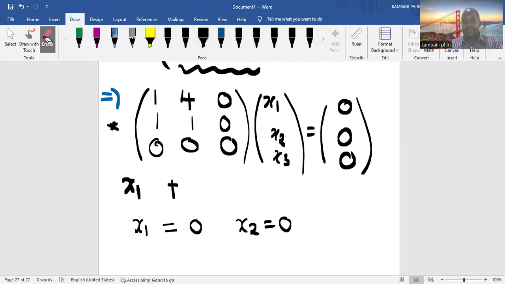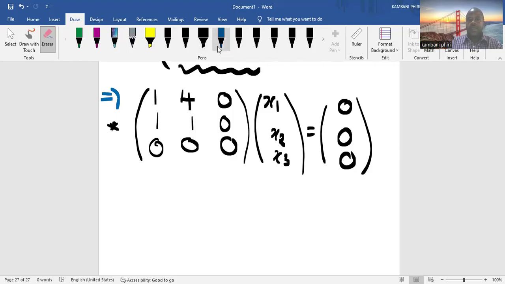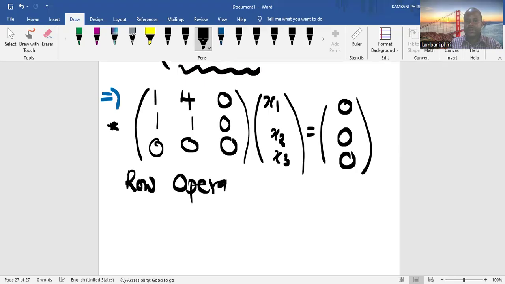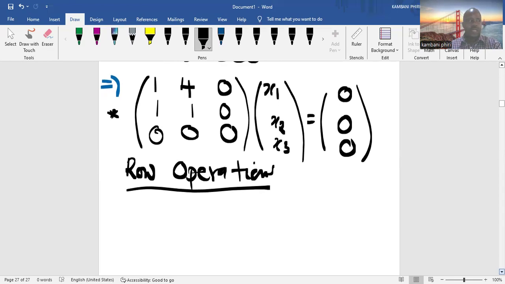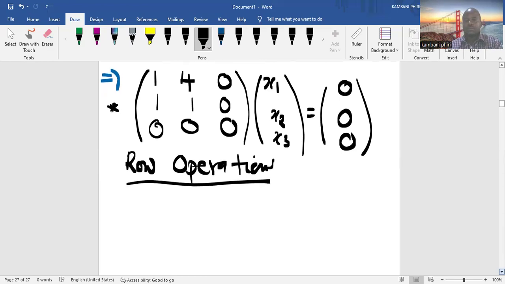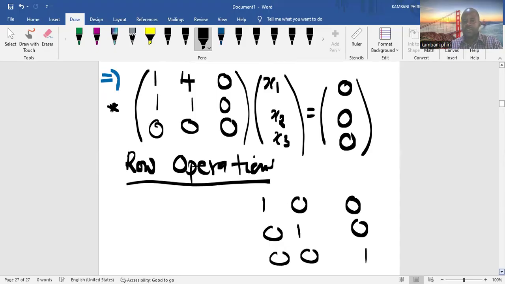Alternatively, we can say maybe we do some row operations so that it can be followed. The aim is to come up with a matrix of this nature, if it will be possible.